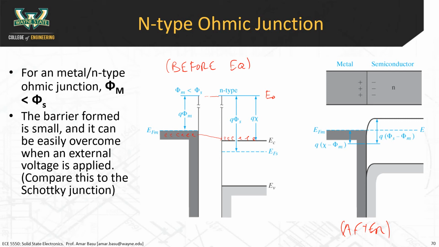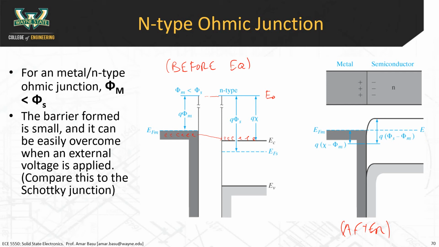As that happens, the Fermi level on the right side relative to the left side goes up. Eventually the Fermi levels form a straight line like this. But now what's interesting is that the E0 on the right side ends up being higher than the E0 on the left side, and so all the bands actually bend downwards instead of upwards.